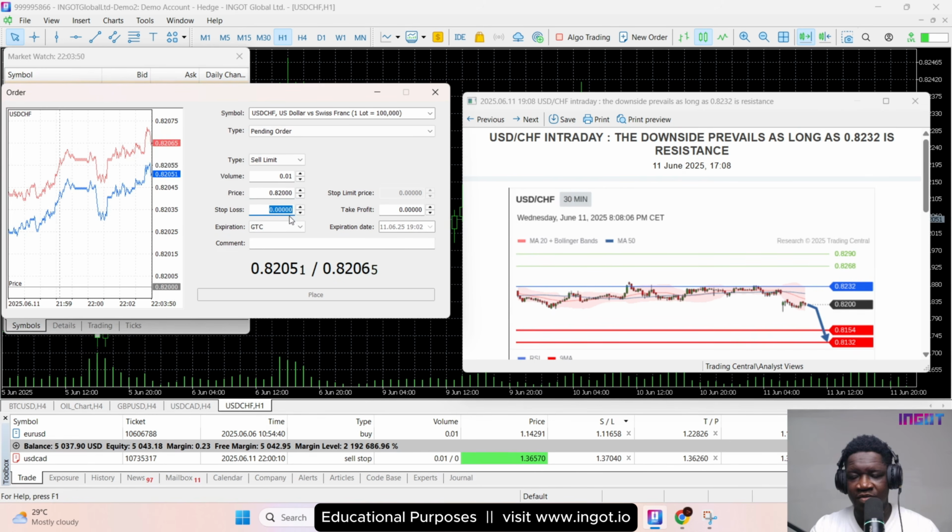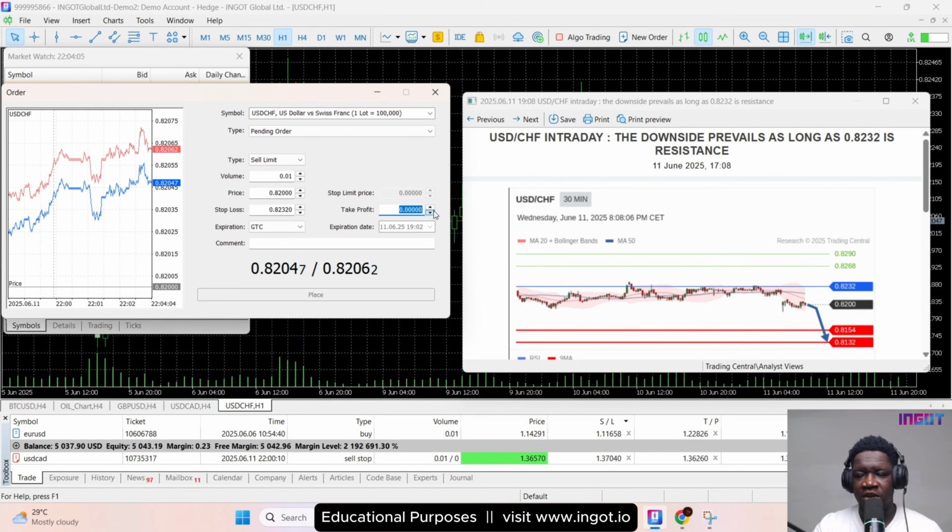The stop loss, if the trade doesn't go down and goes up instead, that's a loss. Where do we want to take it? 0.8232. Take profit is going down. Let's take 0.8132. We all want more profits.